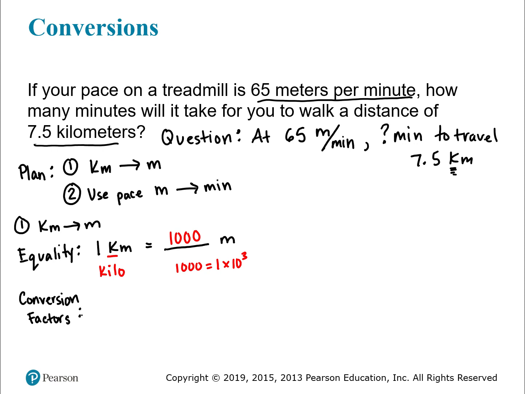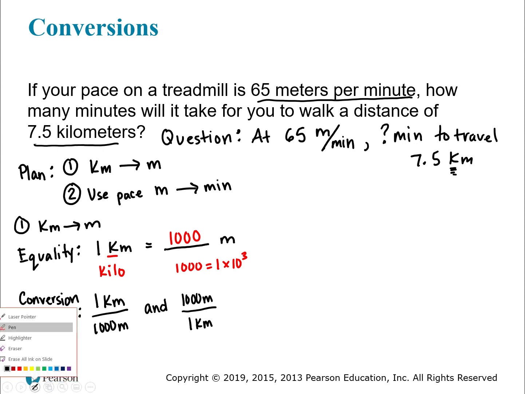Then we write the conversion factors. So we can take our 7.5, and I'll do this in a different color so you can see it. We can use one of these unit factors, or conversion factors, to go from kilometers to meters.